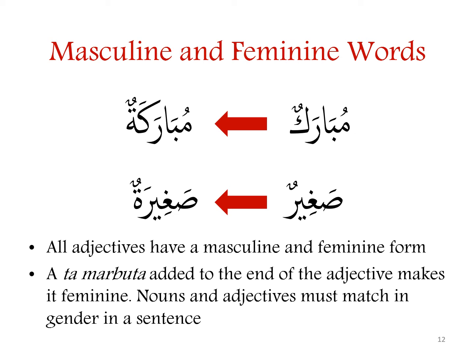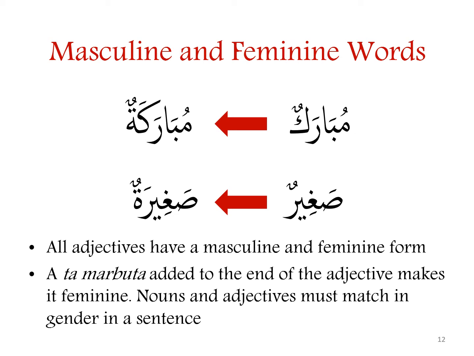Now this refers to all adjectives because we need to be able to use any adjective to describe both a masculine and feminine word. So obviously we have to have by default a masculine and feminine form, because it's absolutely compulsory to gender match in the sentences.